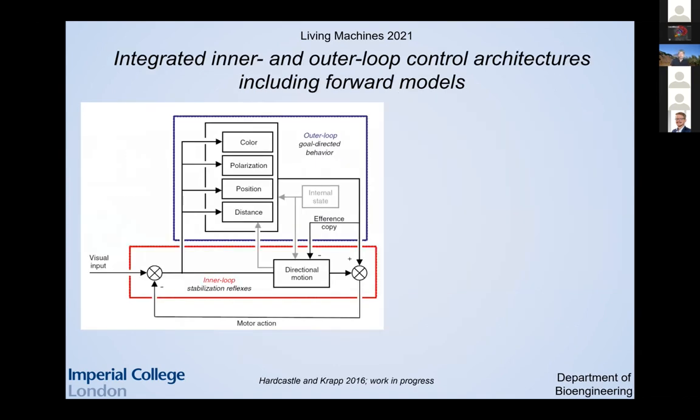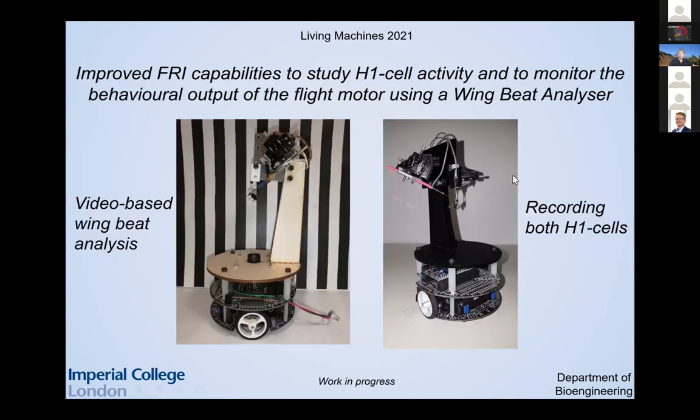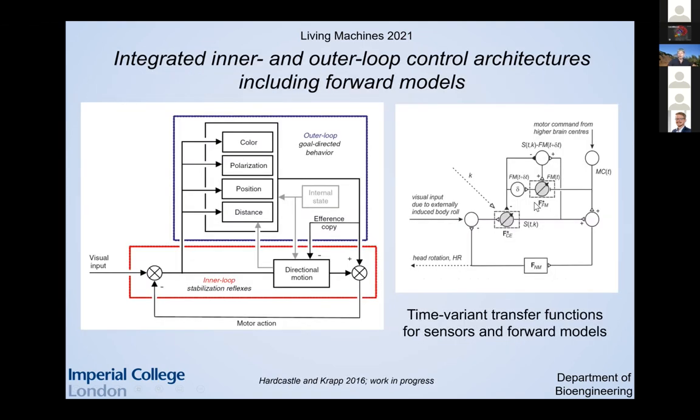Now, because of the time, I will have to skip this one, which basically gives you a general idea of how inner loop reflexes or stabilization reflexes are linked to goal-directed behaviors, and how efference copies or forward models need to be integrated to enable voluntary behavior, and some of our work on how this could be implemented neuronally in local circuits, where we know what the different elements are likely to be.